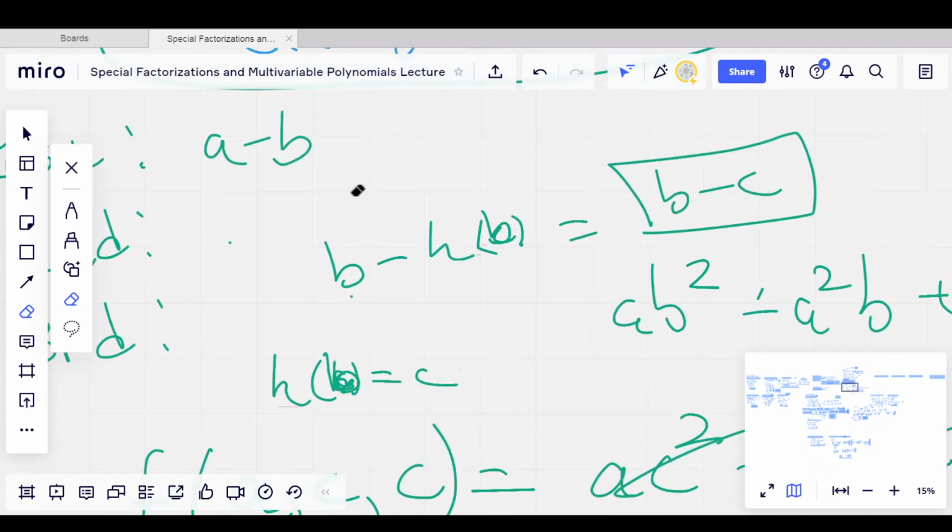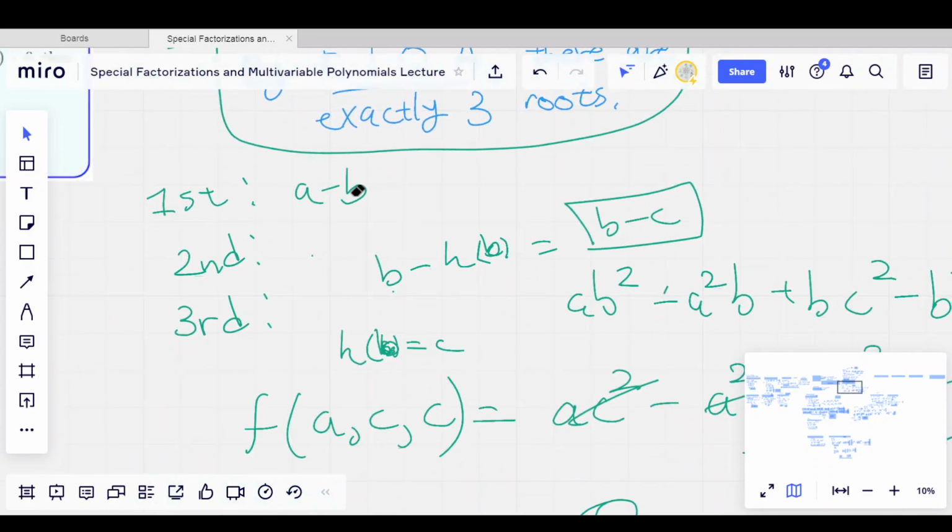So as I said, it's just b minus c, and then the third root, I'll just say the third root is c minus a.